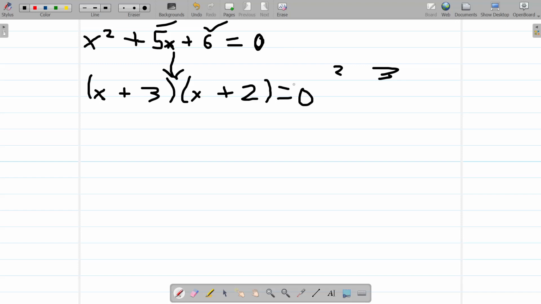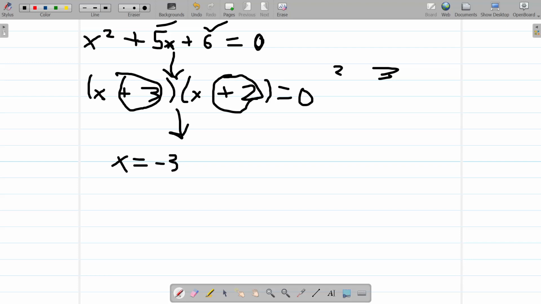But what we can do, as long as it equals 0, that's the important bit, is work out what x will be, because we invert these two numbers. So instead of plus 3, x would actually equal minus 3.